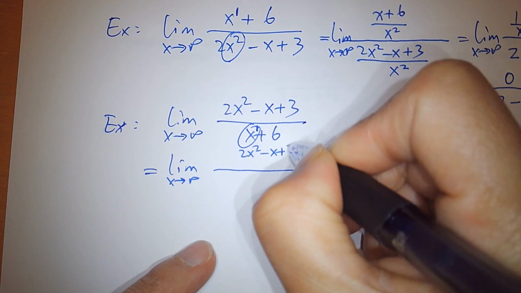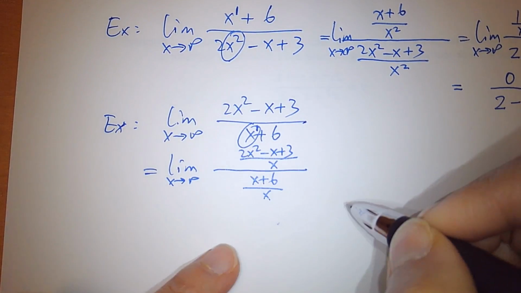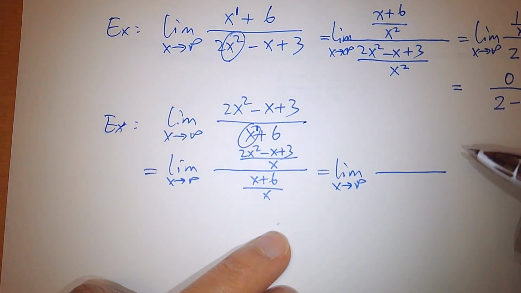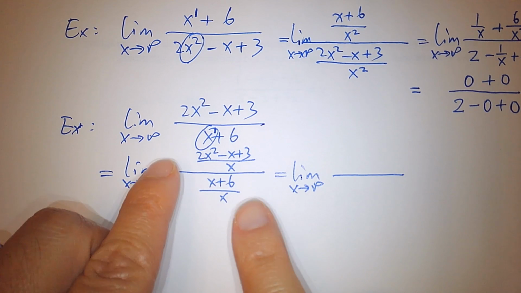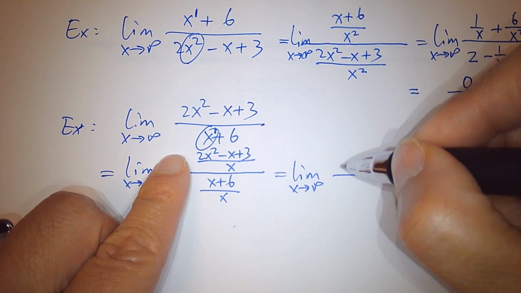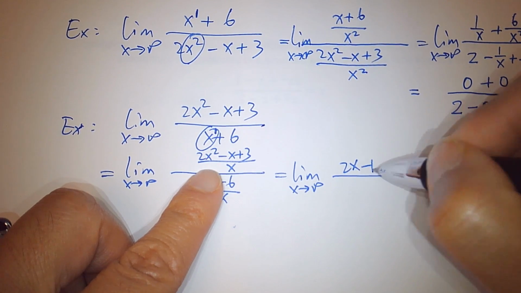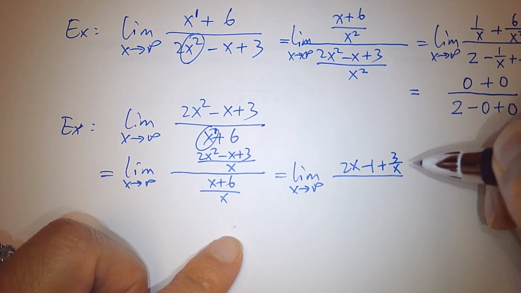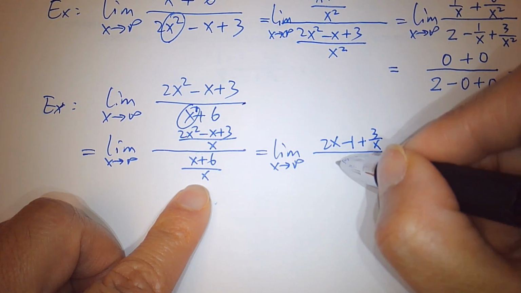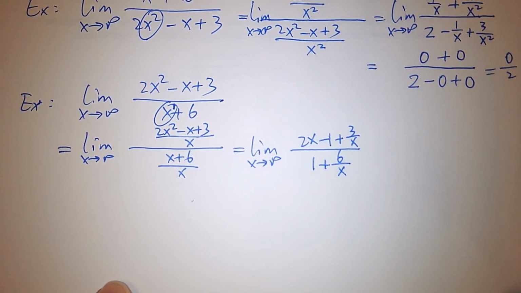2x squared minus x plus 3 divided by x. x plus 6 divided by x. x squared divided by x. Negative x over x. 3 over x. x over x. 6 over x.